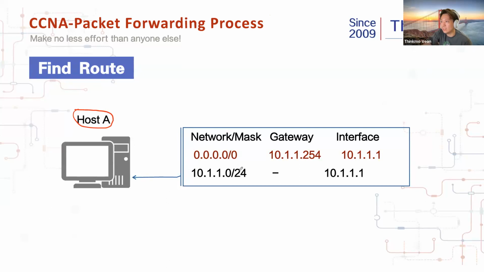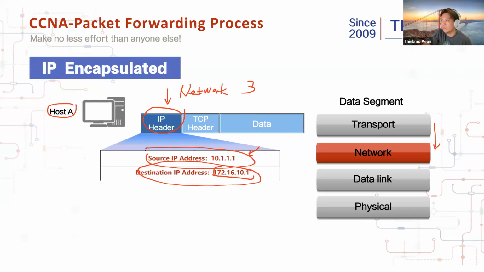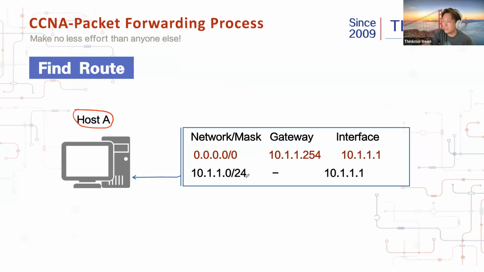As you know, there's no specific route going to 172.16.10.1 in the routing table, but we can see the default route here. As we know, the default route actually refers to the gateway. So host A will start to look for the gateway's IP address.